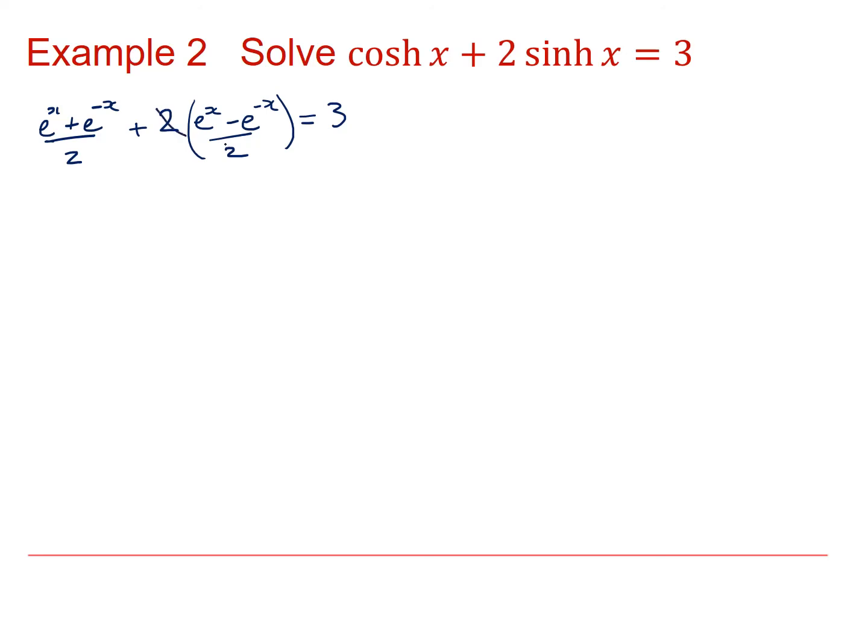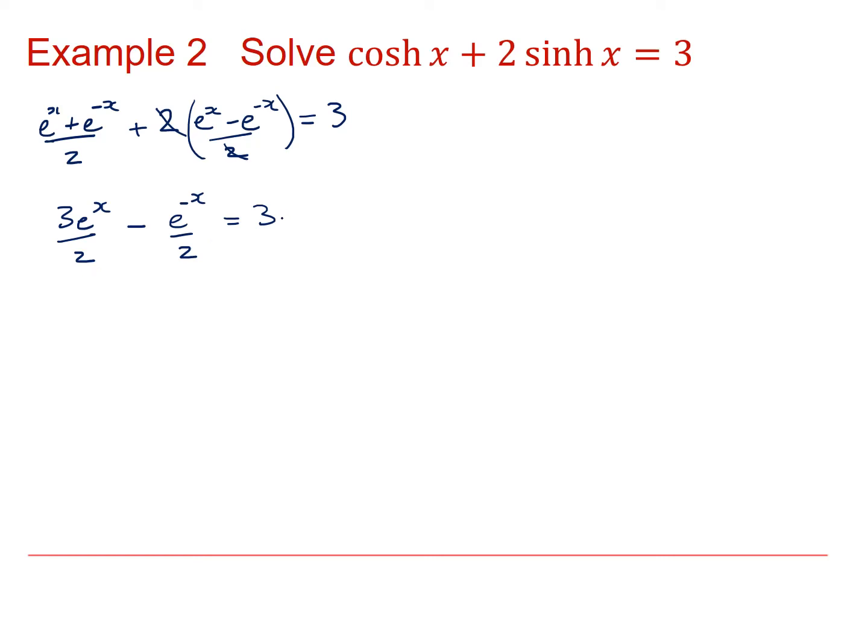These will cancel. Let's just tidy that up a bit. So I'm going to get e to the x over 2 plus another one is 3 e to the x over 2, and I've got an e to the minus x over 2, take away another e to the minus x, so I'm going to get minus e to the minus x over 2, and that's equal to 3.